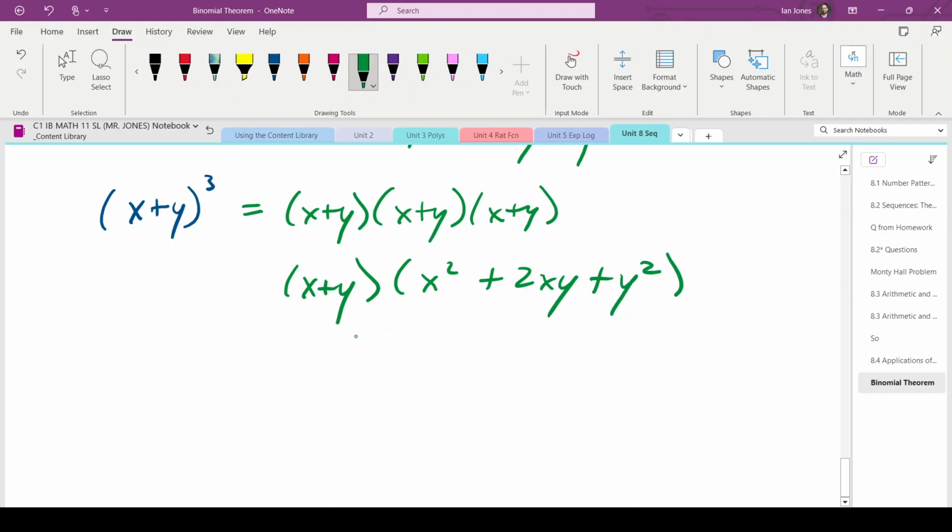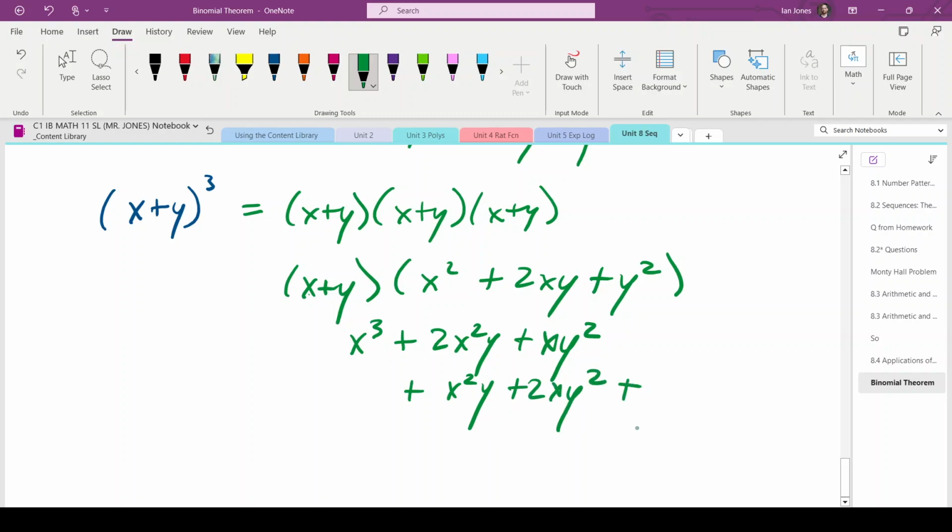So x times x squared is x cubed, x times 2xy is 2x squared y, x times y squared is xy squared, y times x squared is x squared y, y times 2xy is 2xy squared, y times y squared is y cubed. Collect like terms.